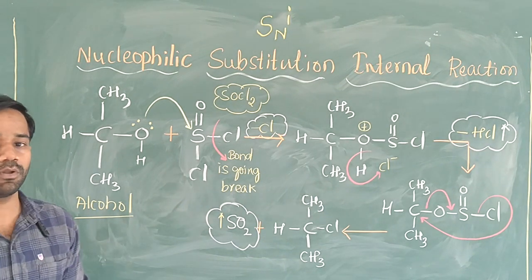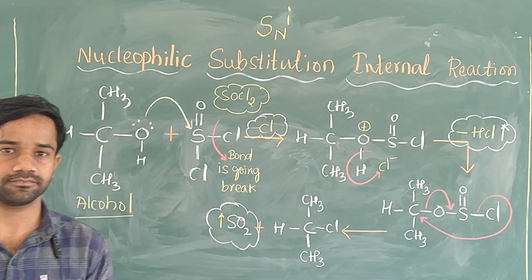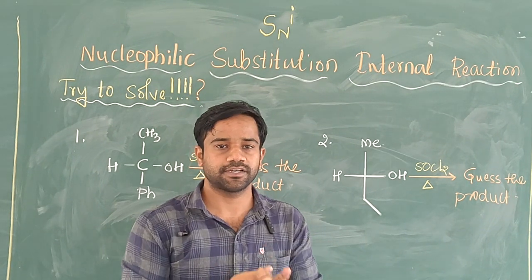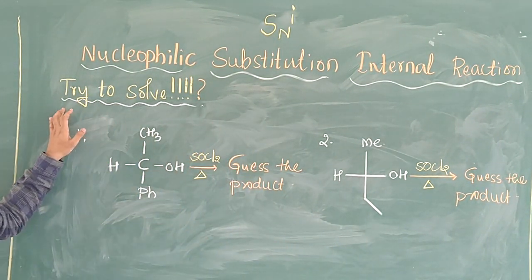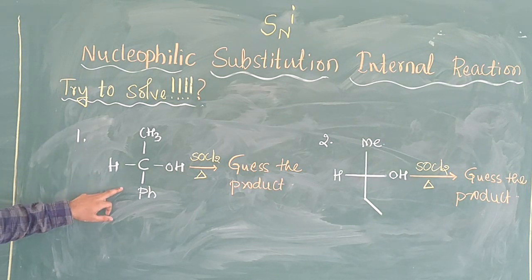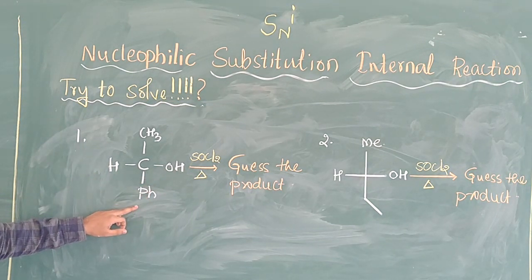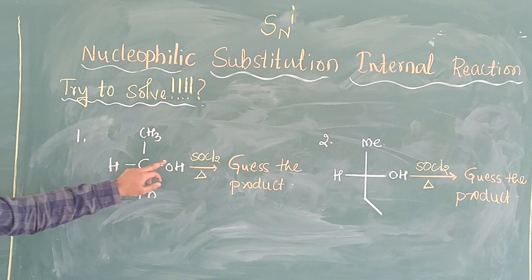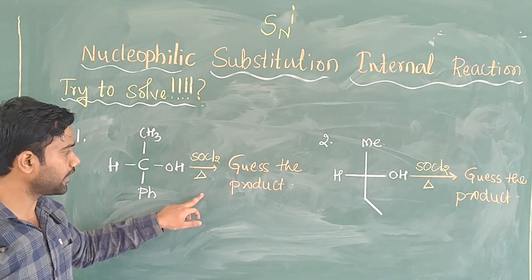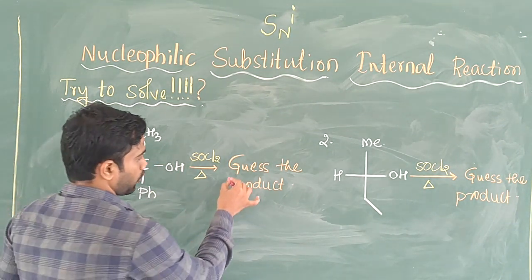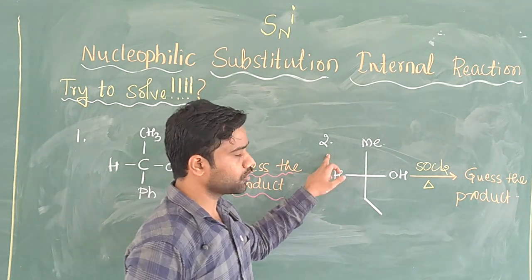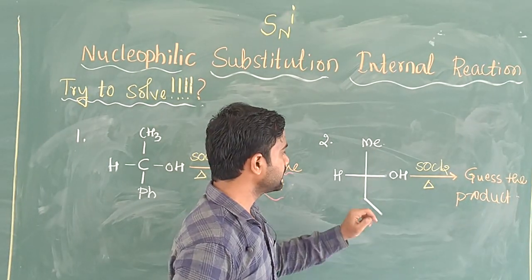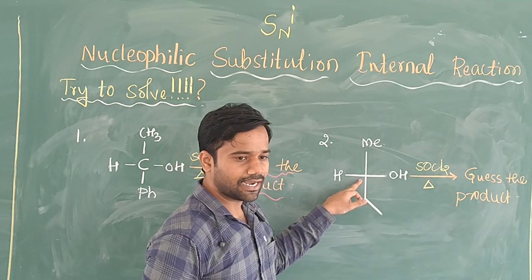Okay, let me give a problem just to try yourself. As we studied the SNi mechanism, try to solve these two problems. The first one has the alcohol with a phenyl group, hydrogen and a methyl group. The reagents are thionyl chloride and heat. Try to guess the product. The next problem has a methyl group, shown in skeletal form.